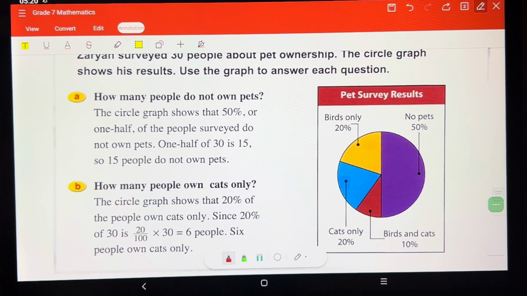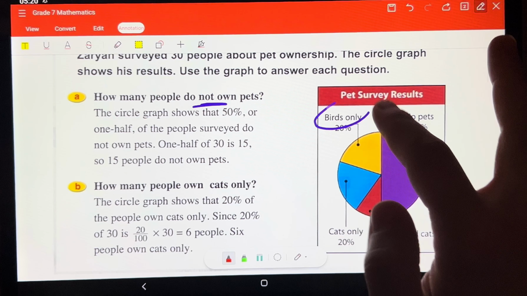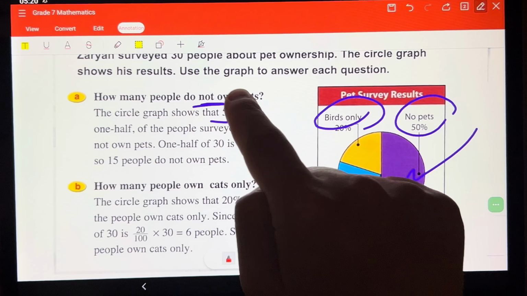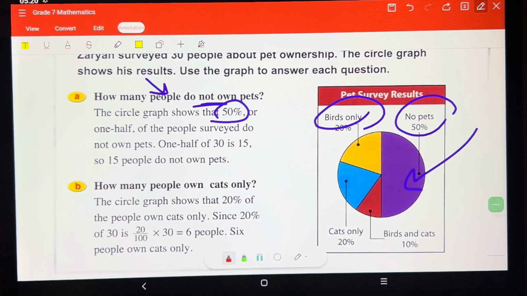It's talking about Zidyan. He surveyed 30 people about pet ownership. The circle graph shows the result. So, for A, how many people do not own pets? So that's birds only, no pets. So it's written 50%. But the question is asking me for people.